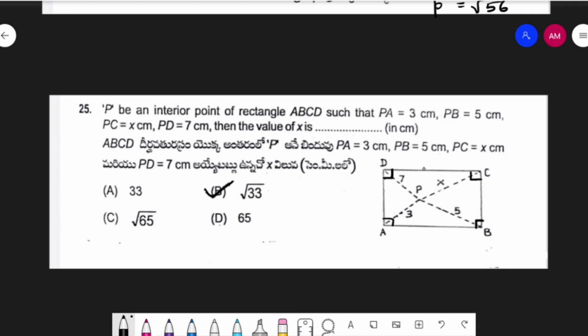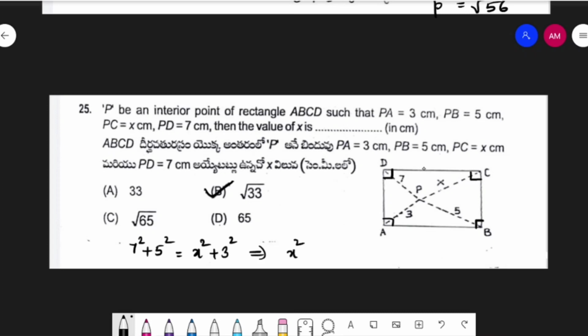Since this is a rectangle, we can prove that 7 square plus 5 square is equal to x square plus 3 square. That is, PA square plus PC square is equal to PB square plus PD square.